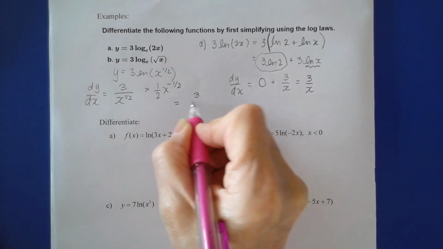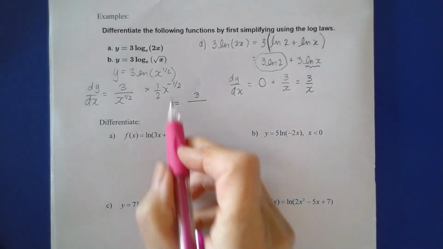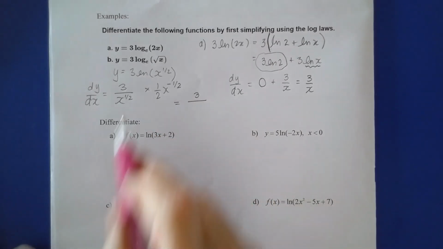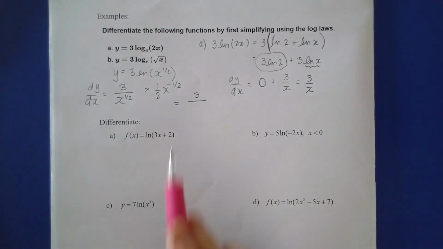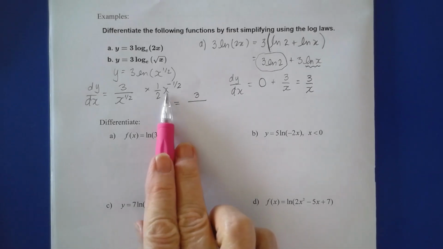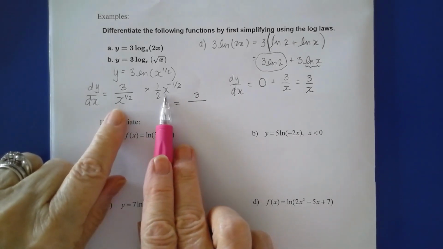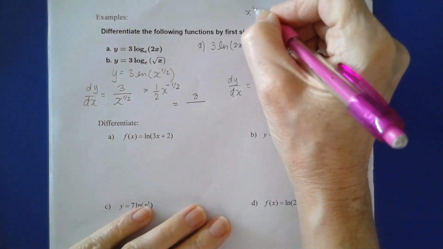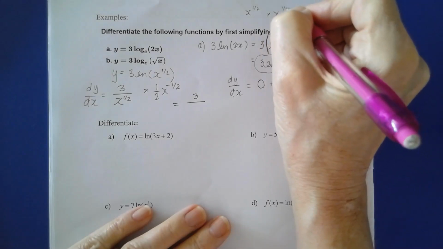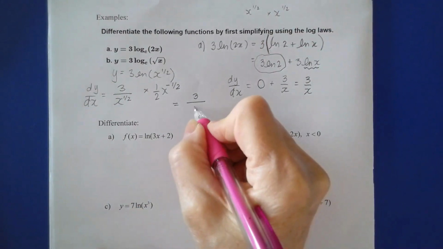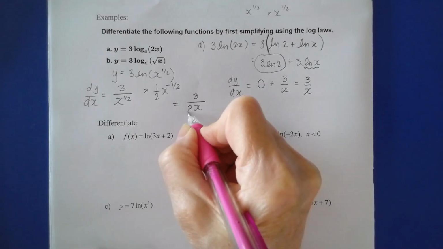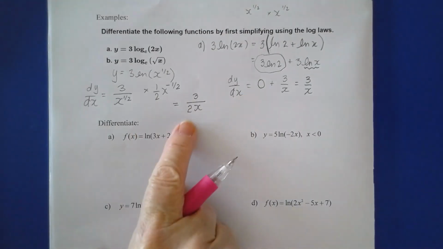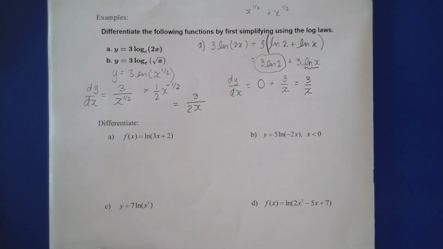Just the 3. And I have an x to the half times an x to the half on the bottom. When that goes underneath, it becomes positive. What's x to the half times x to the half? Just x. And there's a 2 there. That 2. I know, it gets really squirrely.